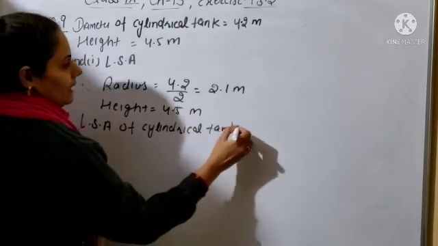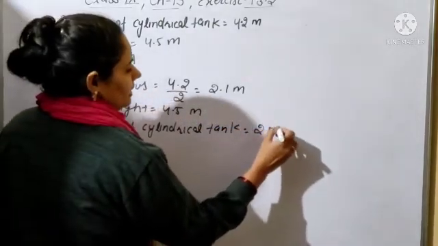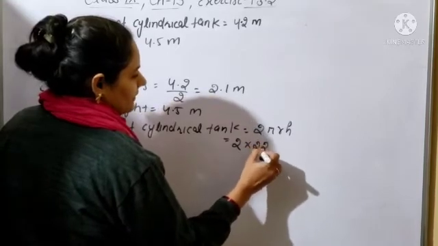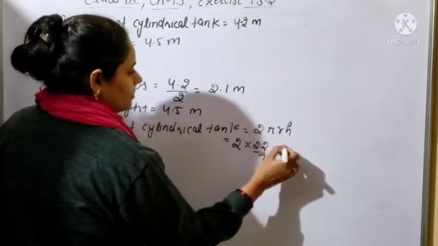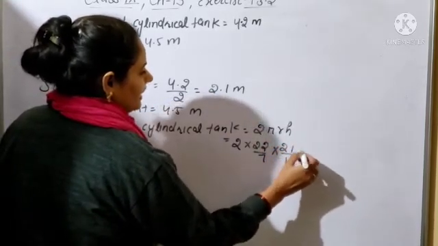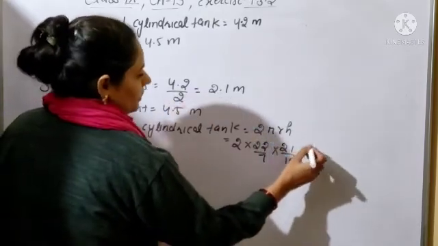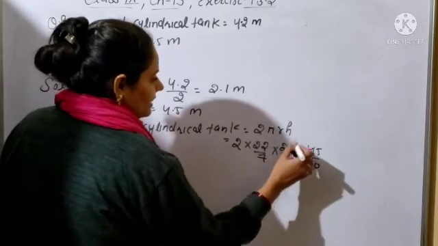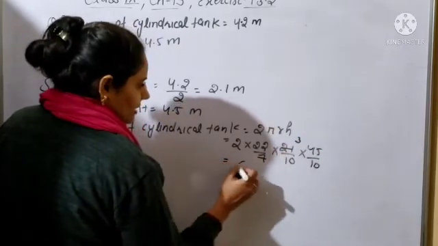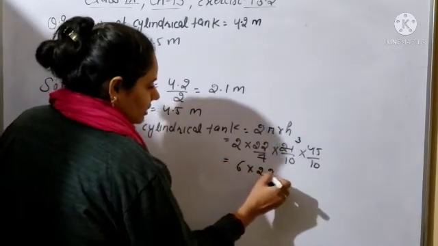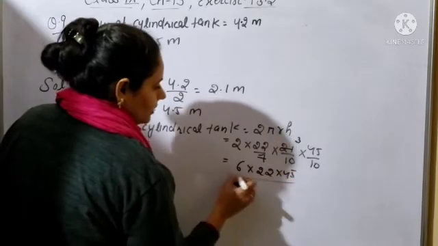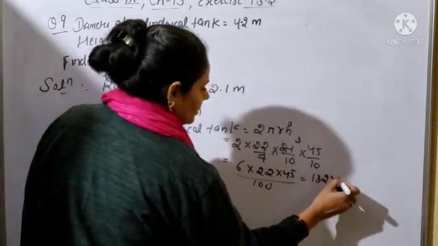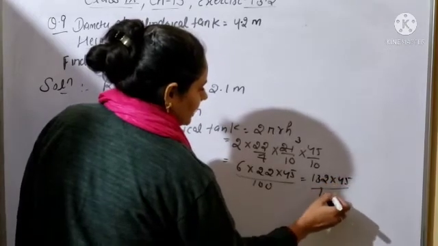Now lateral surface area of cylindrical tank will be 2 pi r h. It means 2 into 22 by 7 into r. R is 2.1, so you can write 21 by 10 and h is 4.5, so 45 by 10. Okay. Now 7 3s are 21. 6 into 22 into 45 upon 100. Okay. So 132 into 45 upon 100.